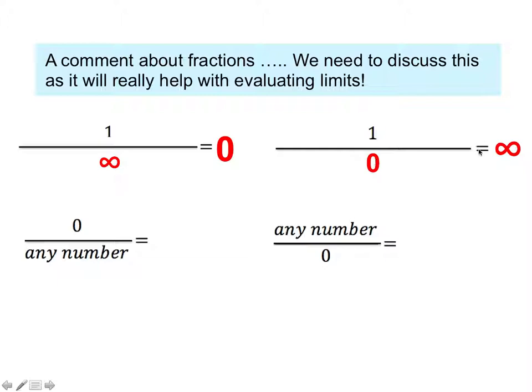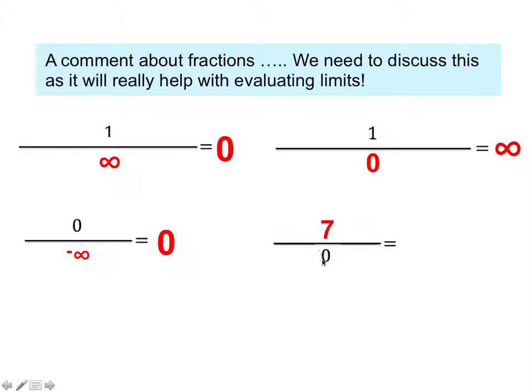1 over a really small number is infinity, or we could say does not exist. That would be another option for this answer. Or undefined would be another option. We use those 3 things interchangeably. 0 over any number, like 7, or negative 216, or even a really big number, like 123,456, or even a bigger yet number in magnitude, but we have a 0 on top, so we know that that's 0.